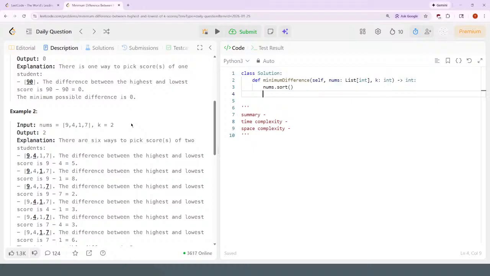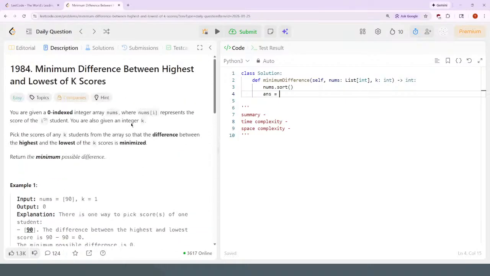So I think it's using answer equals a high value, and then we're going to minimize it. For every index in range n minus k, where n is the length of nums, I think it might be n minus k minus 1.